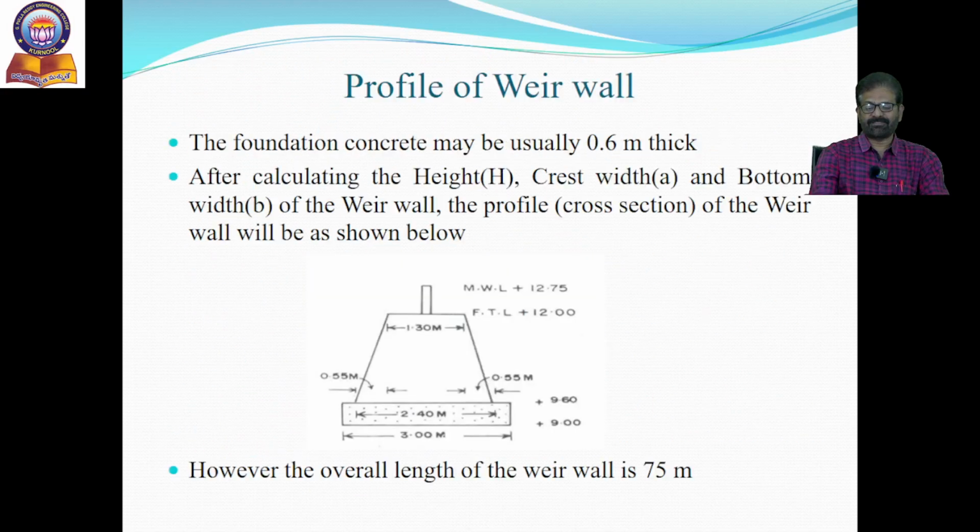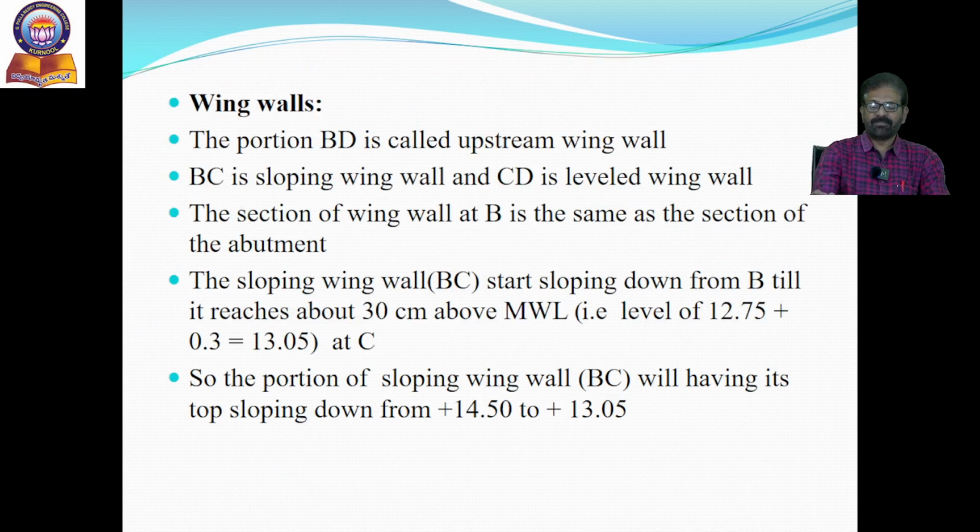So the section of the wing wall at B is the same as that of the section at the abutment. That is the meaning. Accordingly, the sloping wing wall BC starts sloping down from B till it reaches 30 centimeters above the maximum water level. This is another condition, a point you should remember. Why is it sloping? Up to which extent do we have to provide the sloping wing wall?